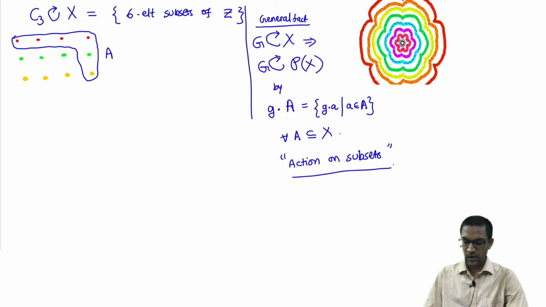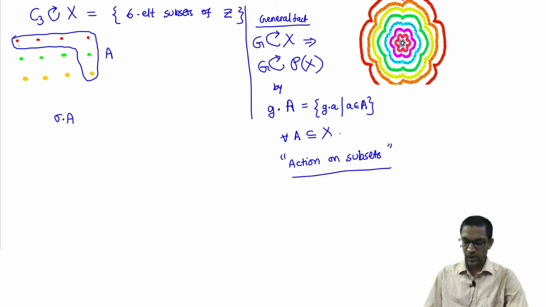This action is just the element wise action. It acts on every single element of the subset, and each element will now be transformed to some other element, and you take the new collection of elements. So let's do this by example. If A is this collection of 6 dots that I have just marked here, then what is sigma acting on A, for example? By definition, what does sigma do to these 6 dots? Let's draw this separately. Sigma will take this red dot to this green dot right below it.